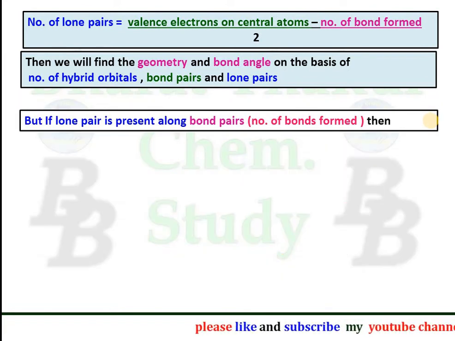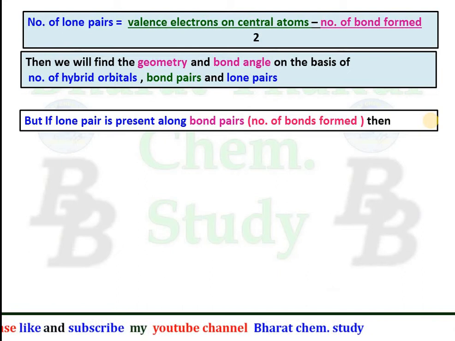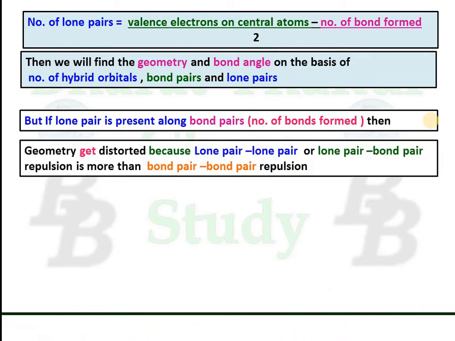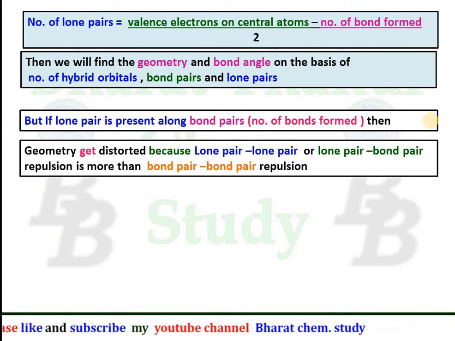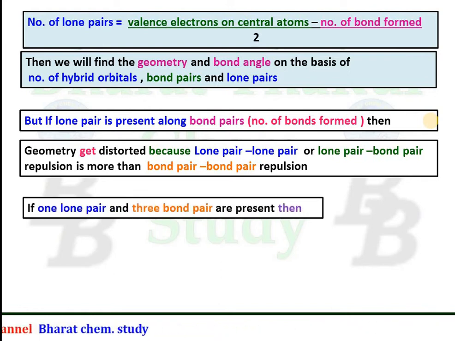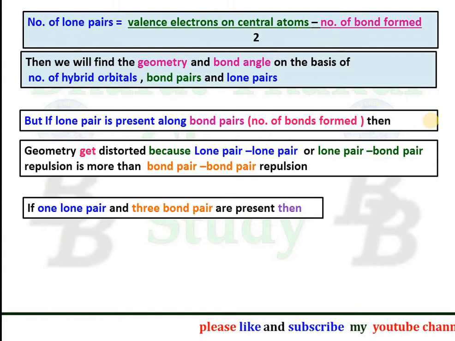But if a lone pair is present along with bond pairs, then the geometry gets distorted because lone pair-lone pair or lone pair-bond pair repulsion is more than bond pair repulsion. For example, if 1 lone pair and 3 bond pairs are present, the total number of electron pairs is 4.